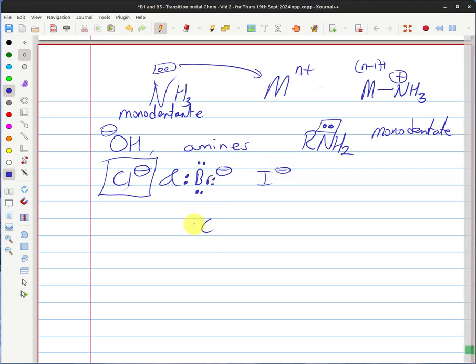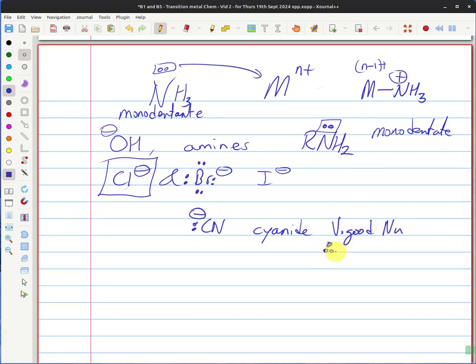Another monodentate ligand, common to A level, is the cyanide ion. And we've seen this ion a few times. And this is actually a very good nucleophile, isn't it? It's a very good nucleophile. Therefore, it's going to be a very good ligand.